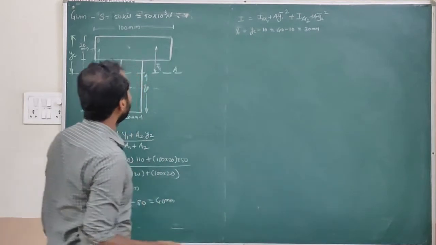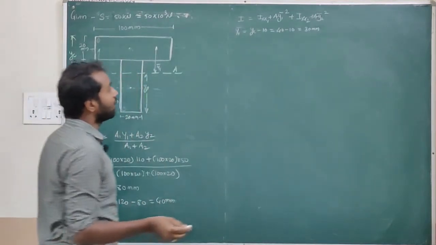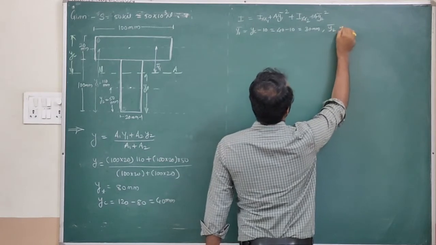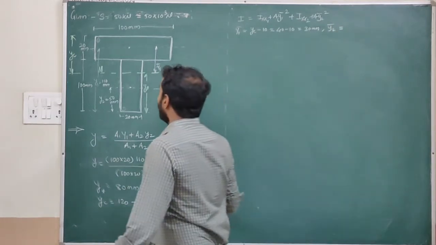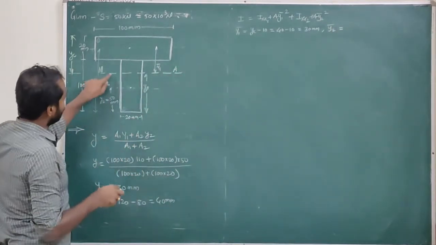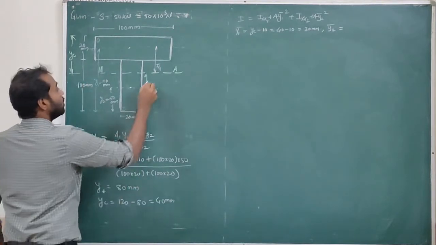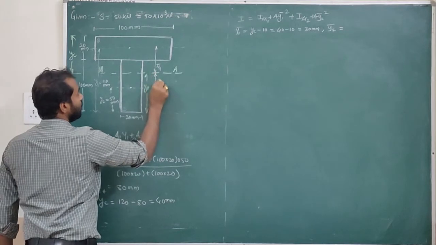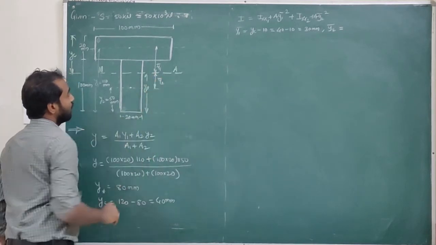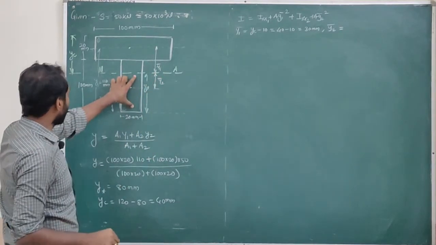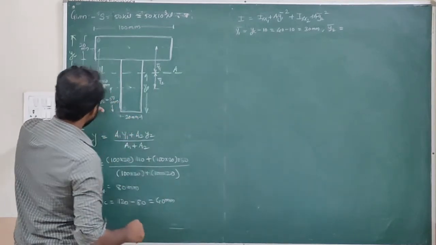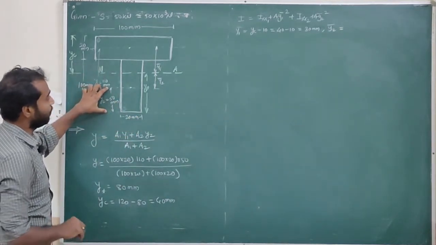Similarly, if we find the value of y2 bar, y2 bar is again the distance of the center of gravity of our second element from the neutral axis. This is our neutral axis. So the distance of the center of gravity from the neutral axis will be y2 bar. The complete distance yt is 80 mm minus this distance, which is 50.